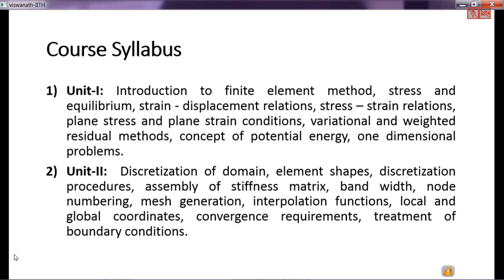You may have 10 good friends, but in a class of 60, I don't think you are connected to all the 60 people. The same thing, your domains are also not strongly connected to all the elements. They are only connected to the neighboring things. Because of that, in the stiffness matrix, you will end up with a lot of zeros.